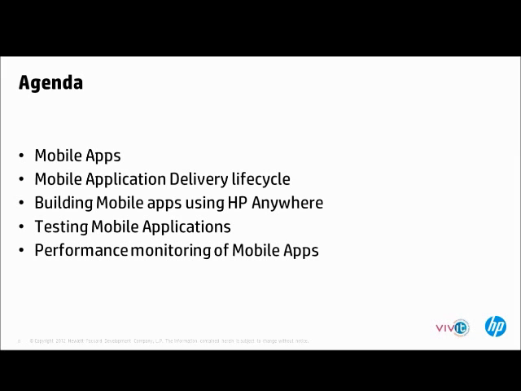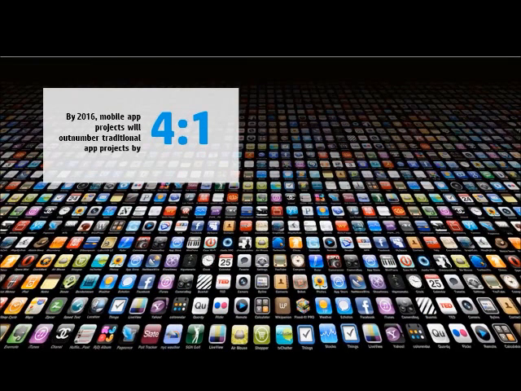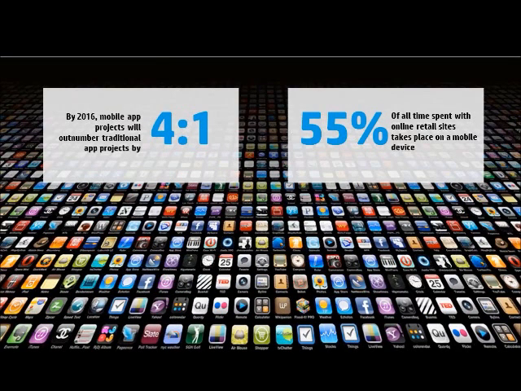So let's begin by talking about the world of mobile applications that we see around us. Gartner is predicting that by the year 2016, out of every 5 application projects, 4 projects are going to be mobile application projects. What we're also witnessing is a huge rise in mobile internet traffic. Just to give you an example, almost 55% of all the time spent on retail sites today is through mobile devices.